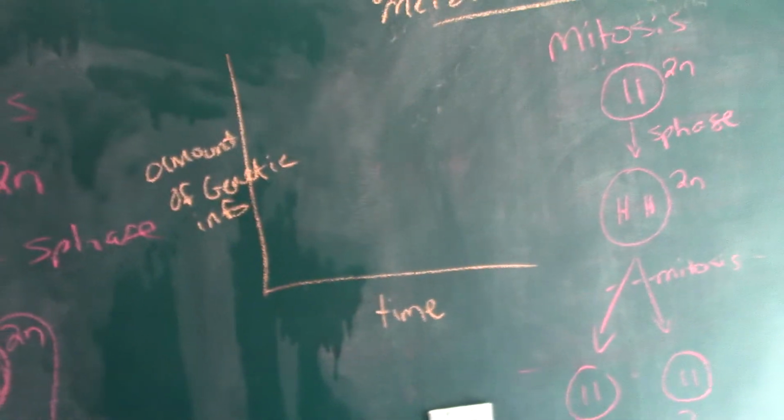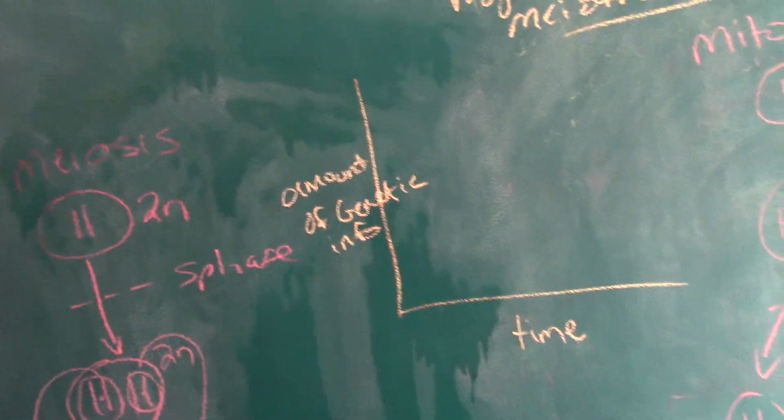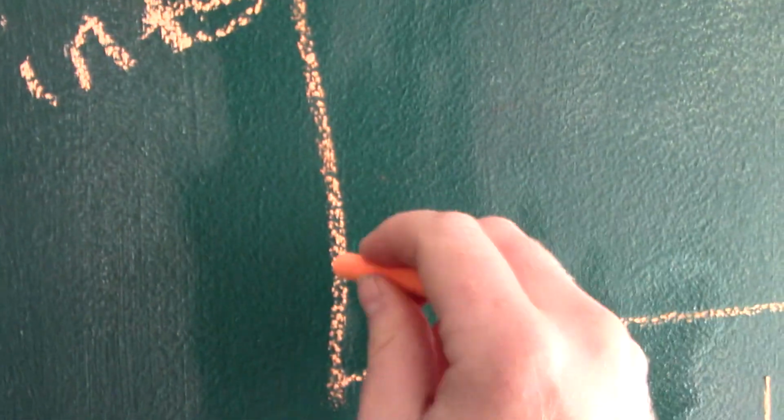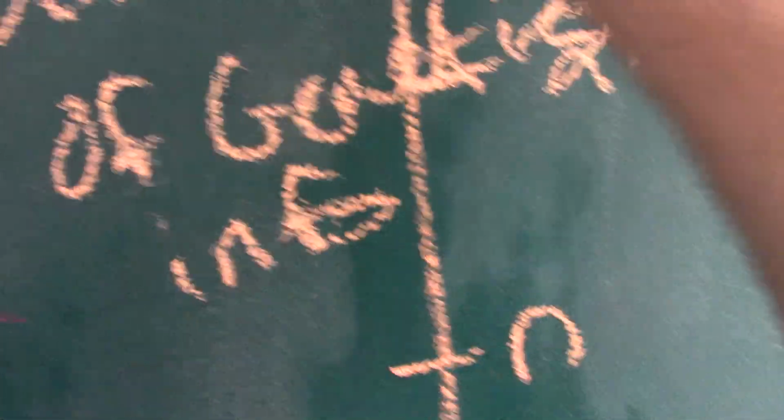This is a question on the mitosis, meiosis, sexual, asexual reproduction exam, by the way. Let's say I've got this gross amount of genetic info, and we've got haploid, diploid, and then genetic information doubled.